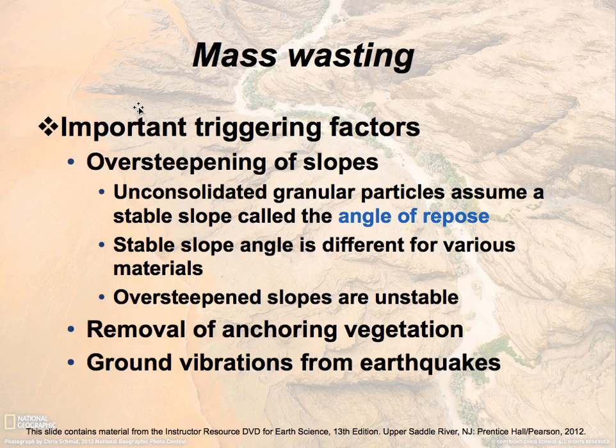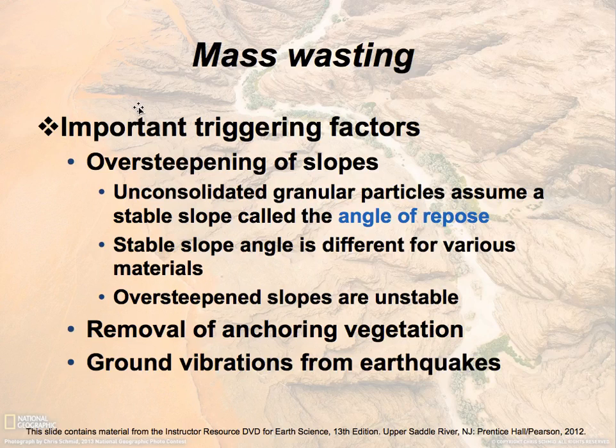Other triggering factors include very steep slopes. Loose, unconsolidated materials have a characteristic called the angle of repose, which is basically the angle at which a pile of this stuff can accumulate.